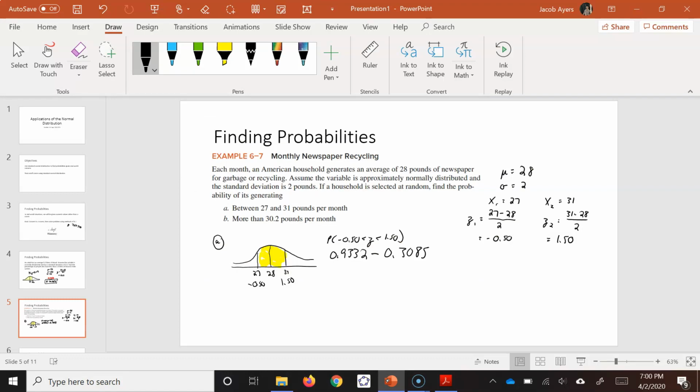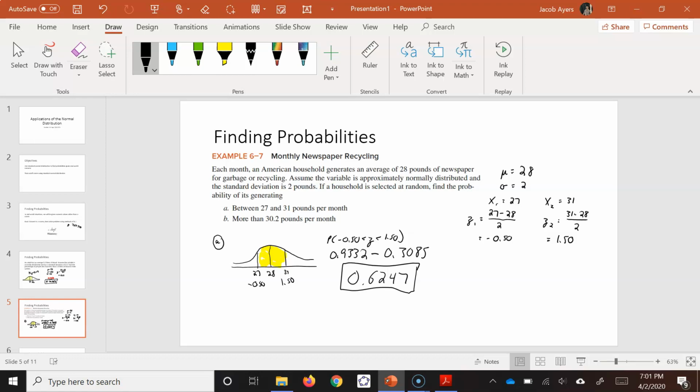Get my phone out here for a calculator: 0.9332 minus 0.3085 is 0.6247. The probability as a decimal is just fine. We do not need to go any further. We're not asked for a percentage there, so we're going to be happy right there.